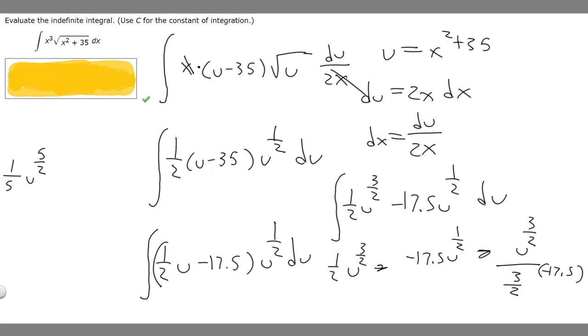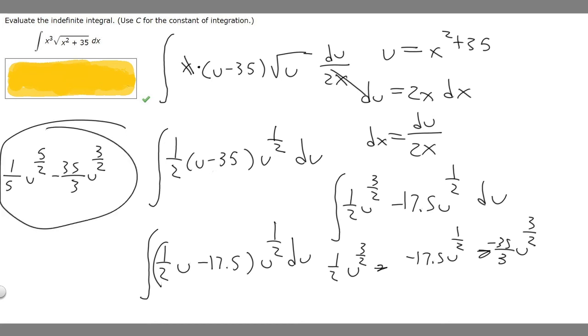Since dividing by 3 over 2 is the inverse, it's just 2 over 3 times minus 17.5, so it becomes minus 35 over 3. We have minus 35 over 3 times u to the 3 over 2. And then whenever you take an antiderivative, you have to add plus c at the end.